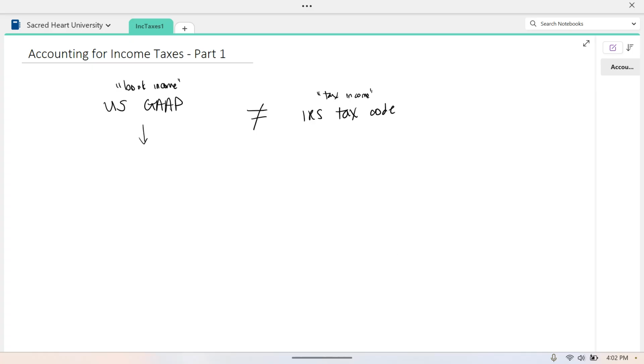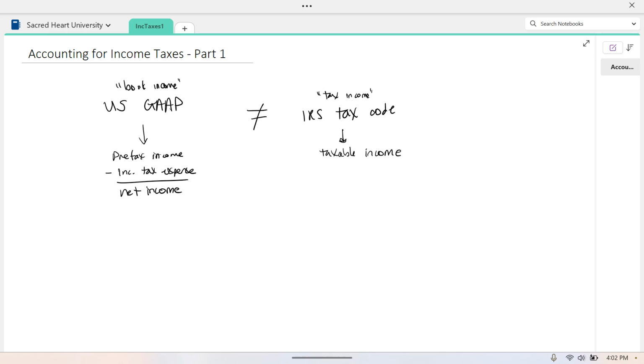US GAAP, as we know, gives us net income, but before that we have pre-tax income minus income tax expense. And that, of course, gives us our net income. When we think about the tax form, what we come down to is taxable income, the second to last line.